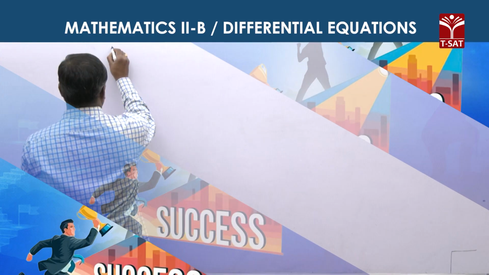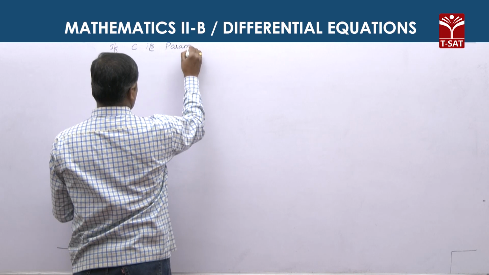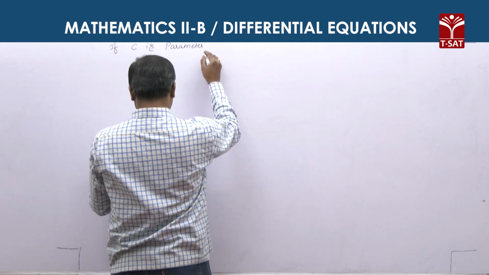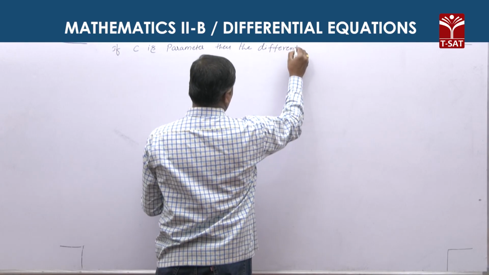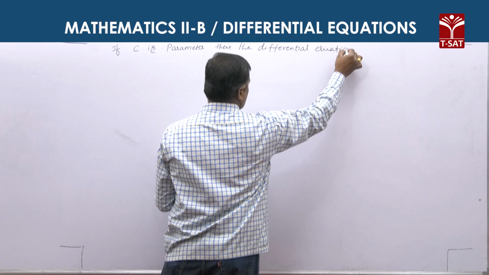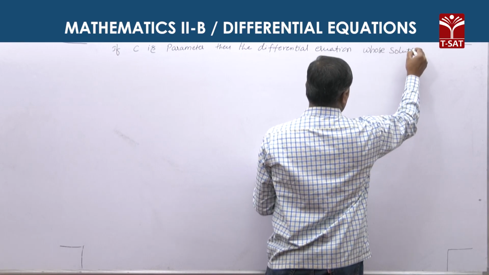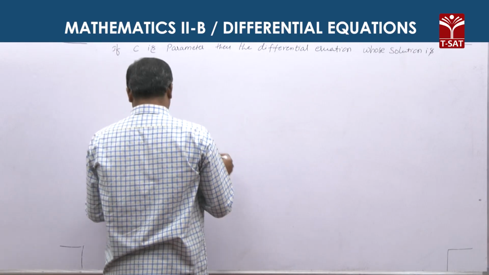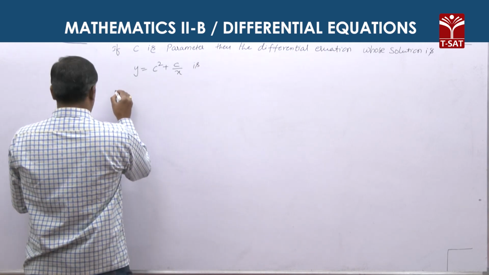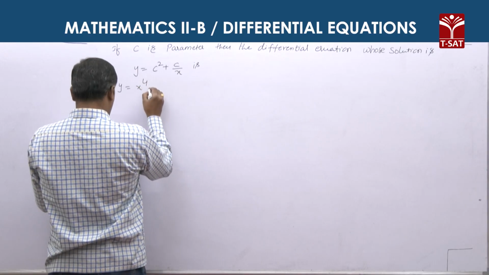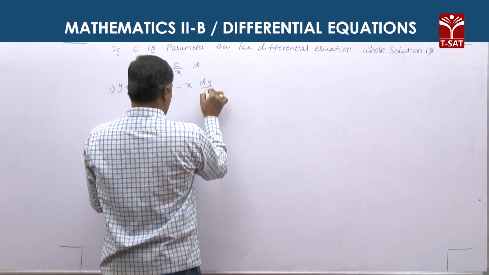Next question: if c is a parameter, then the differential equation whose solution is y is equal to c square plus c by x is: first option, y is equal to x power 4 into dy by dx minus x into dy by dx whole square.